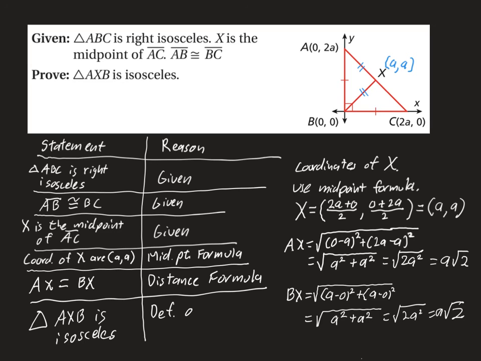Now, one reason why I like this problem a lot is because each time we take the midpoint of the hypotenuse and connect it down to the vertex, we create another isosceles triangle. So if I was to go from here down to here, that creates another isosceles triangle where these 2 sides here are congruent to each other.